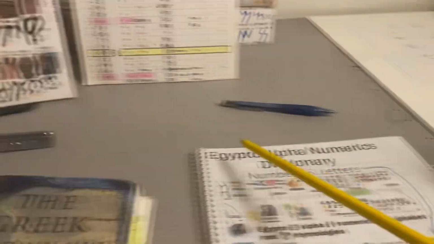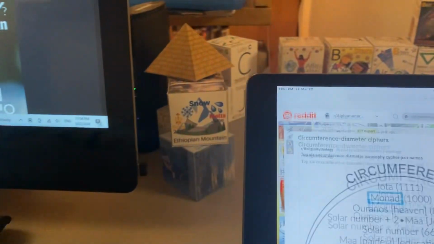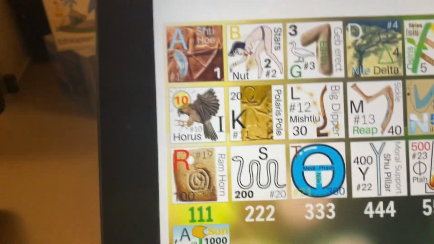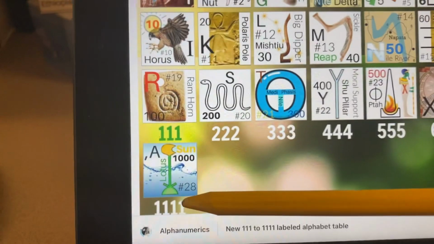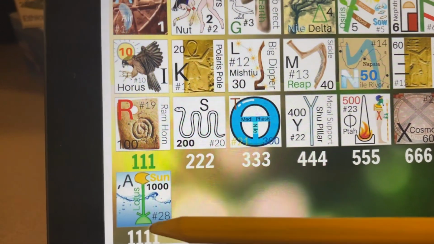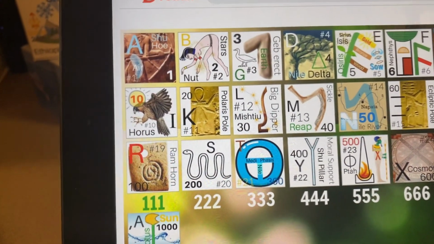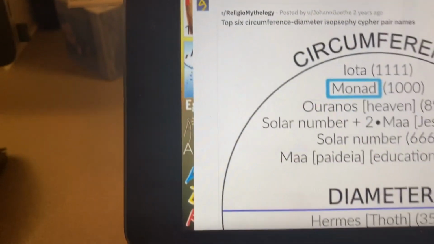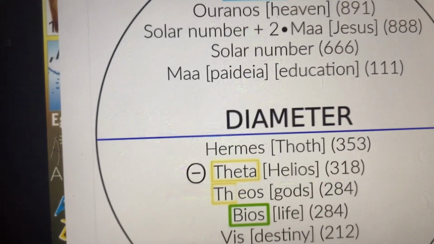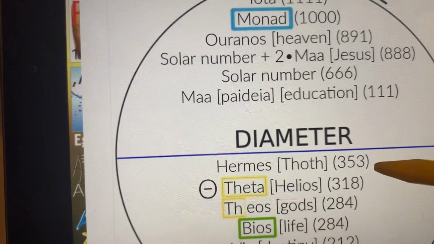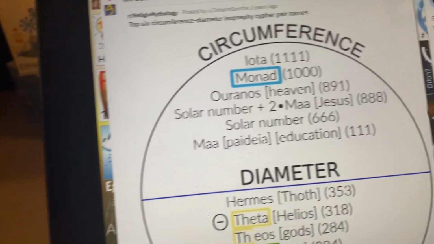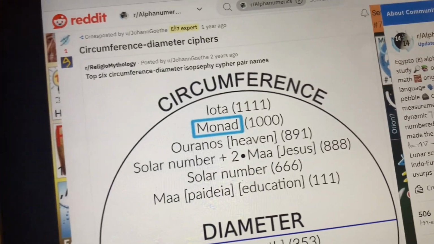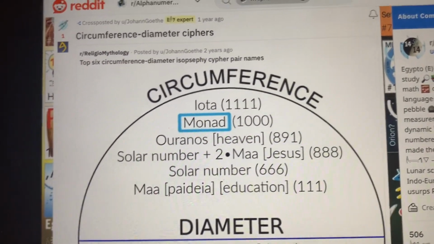And then you divide, shown here. So if you divide this by pi, you get a diameter of Hermes, whose word value in Greek equals 353. And Hermes, as we know, is Thoth. So this explains that all of this goes back to Egyptian mathematics and geometrical ciphers.